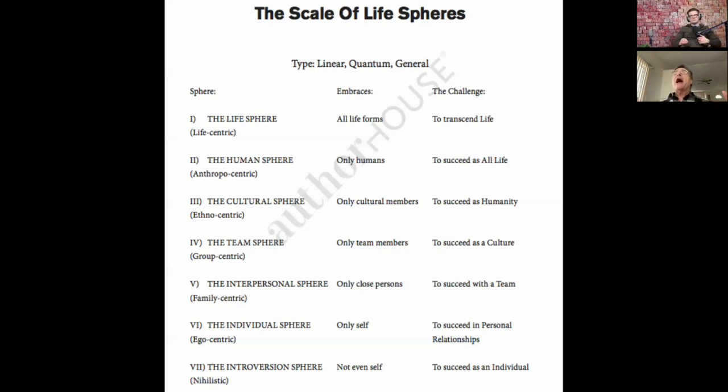He's thinking about, how am I going to get rid of this broken leg, or how am I going to get rid of these migraines, or how am I going to get rid of this chronic nausea that I have, or whatever it is. See? So it could be a physically sick person. So in a sense, this person is nihilistic in that he doesn't even embrace himself. So his challenge would be to succeed as an individual. You see, he's not succeeding as an individual. He's not well enough to get up and go in the kitchen and make himself breakfast.